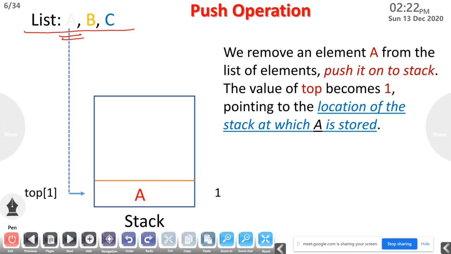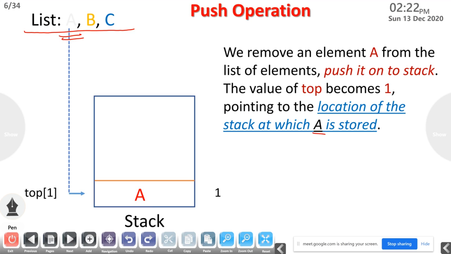Push means inserting it into the stack. So before inserting an element, we want to increase the value of top, and it becomes 1. What does this 1 represent? It represents the location of the stack at which A is stored.